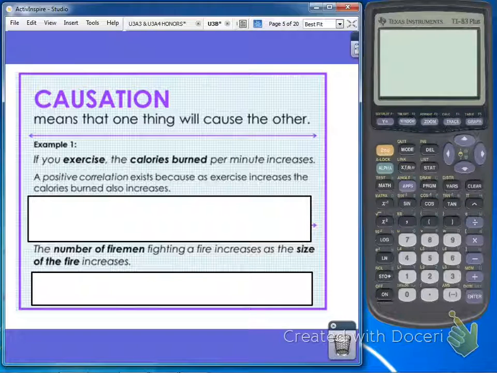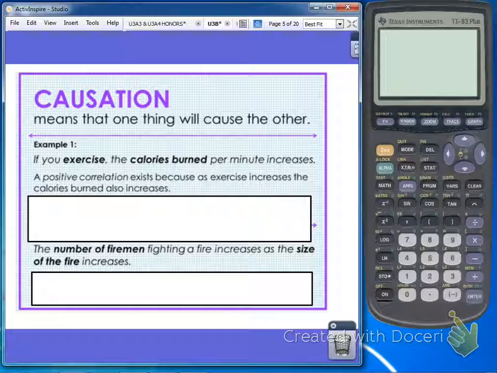Like, the number of firemen fighting a fire and the size of the fire, they both increase. There is a positive correlation here, but does one truly cause the other? Every time I put my seatbelt on and then the ride gets bumpy, does the seatbelt cause the ride to get bumpy?